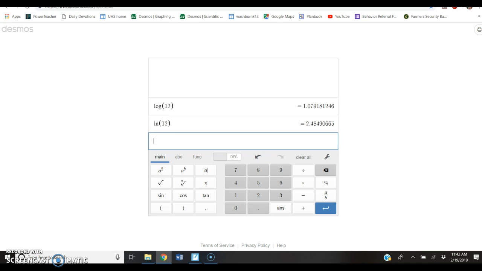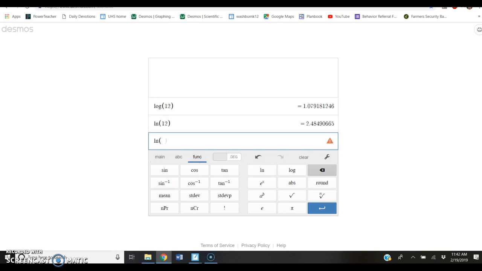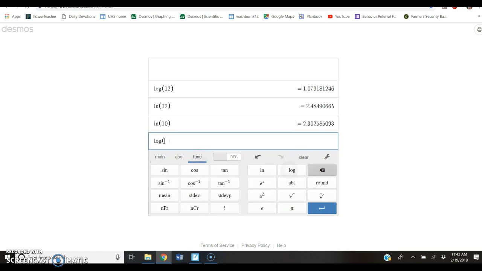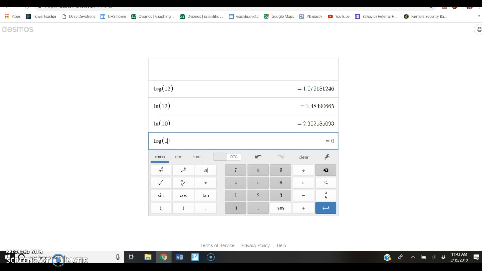Okay? They're not at all the same. And I think my other ones were the natural log of 10. Not the same. Okay? The log of 10 is 1.